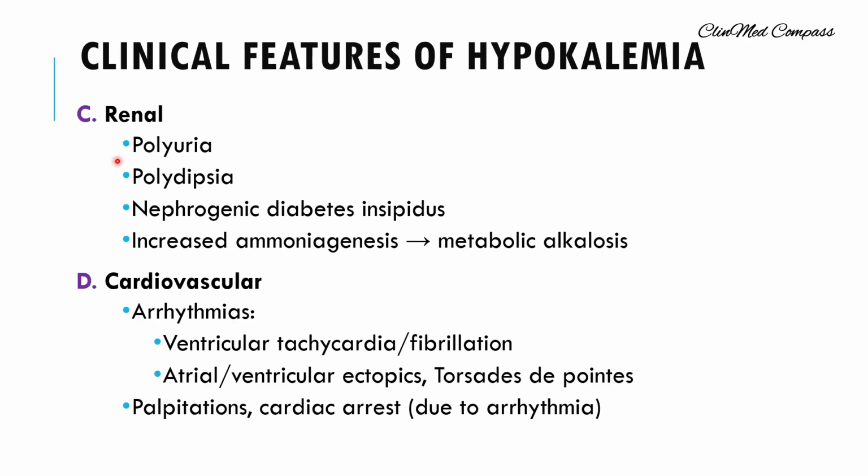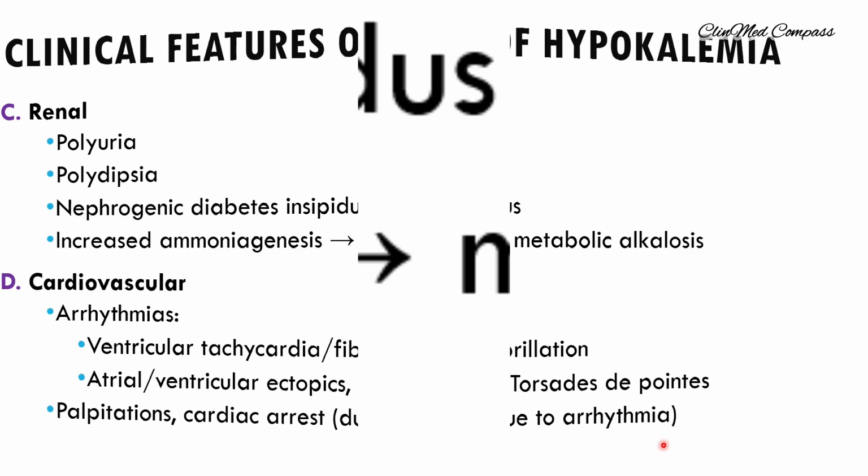Renal features include polyuria, polydipsia, nephrogenic diabetes insipidus, and metabolic alkalosis, which arises from increased ammonium production. In the cardiovascular system, we have palpitations and arrhythmias such as ventricular fibrillation and tachycardia, and may even have torsade de pointes. Cardiac arrest is not left out, which is due to arrhythmias.